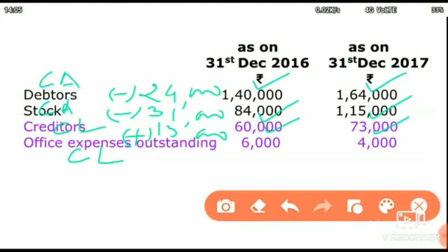If we look at office expenses outstanding, the opening value is 6,000 and the closing is 4,000. There's a difference of 2,000, and we assume that there is an outflow of cash because office expenses outstanding is decreasing, and if current liabilities decrease, we assume that there is an outflow of cash.